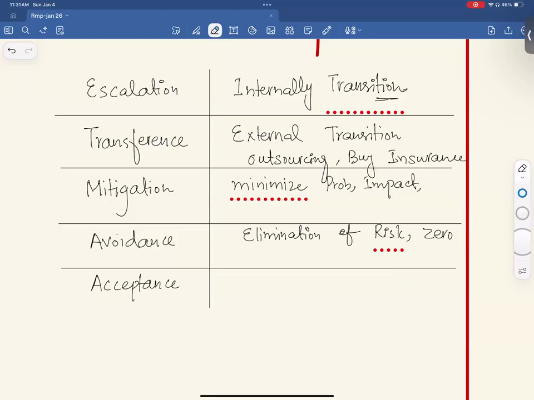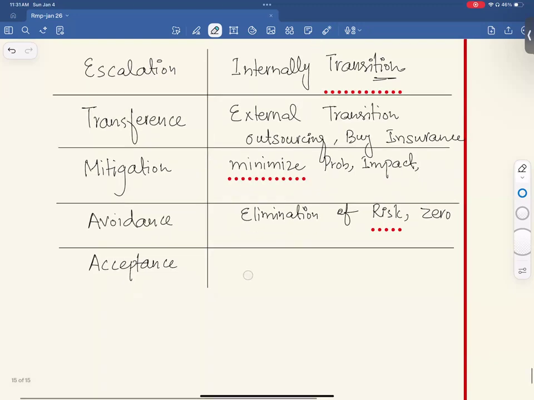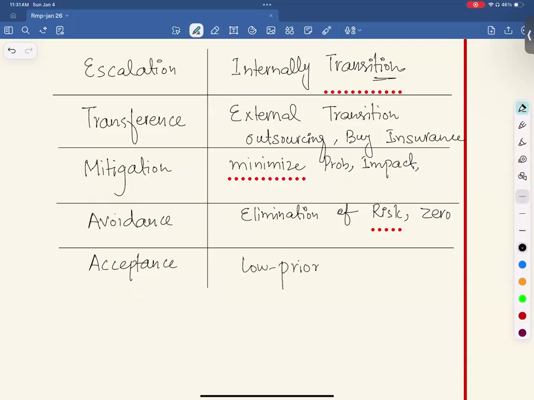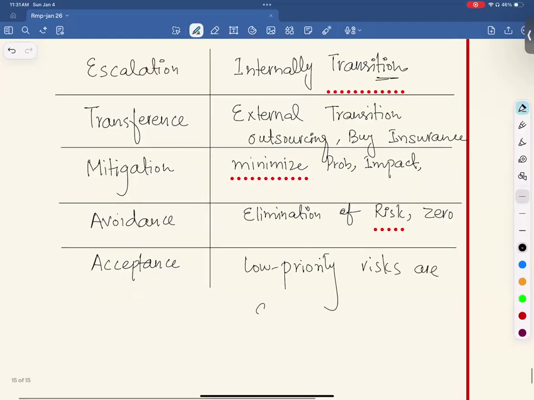Right? Acceptance means doing nothing. Remember, low priority risks are accepted. People who do not have other certification, when I use the word acceptance, they consider it okay, accept that a risk exists.